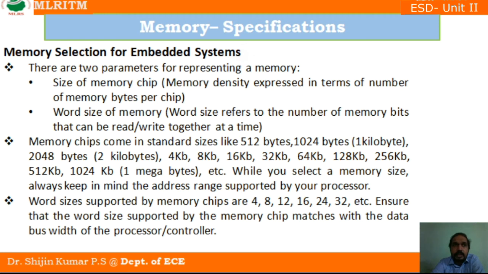Okay, if it is a 64-bit memory, then we have to read 8 bytes at a time or 64 bits at a time. Okay, so it depends entirely on the processor, what type of processor we are using. Okay, so the word size entirely depends on the processor. Size of the memory chip entirely depends on the total available memory bytes in a particular chip.